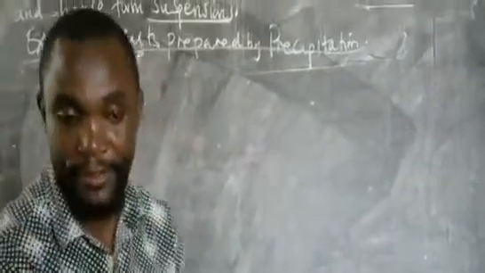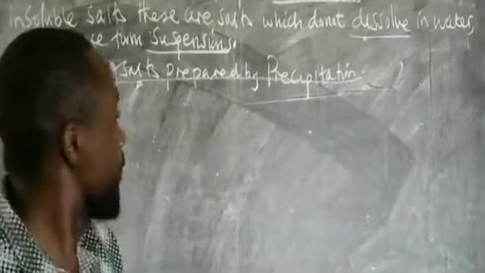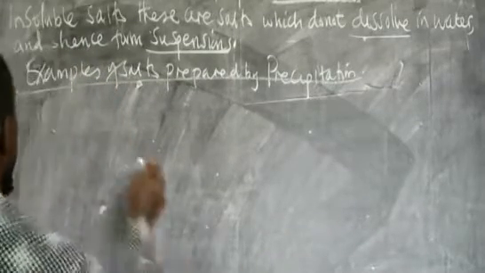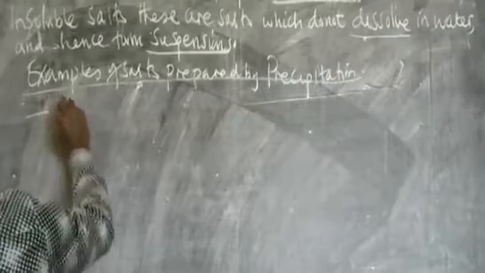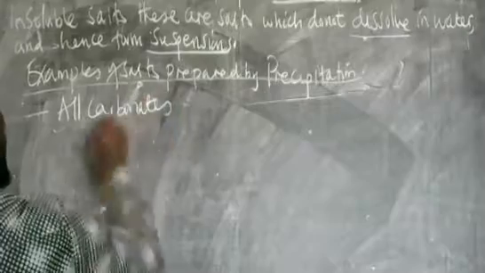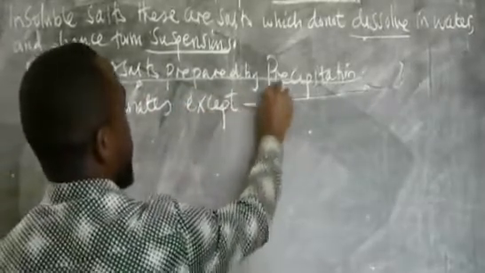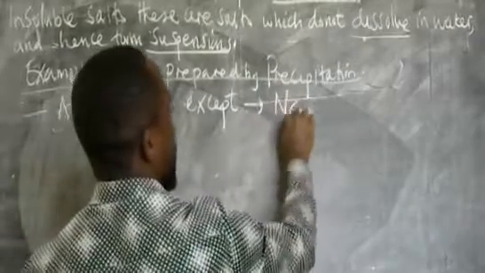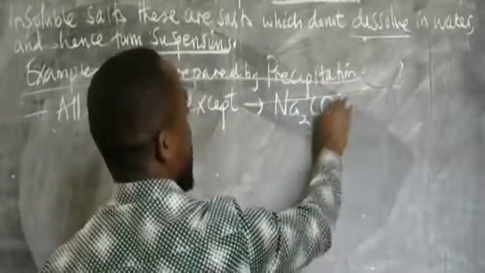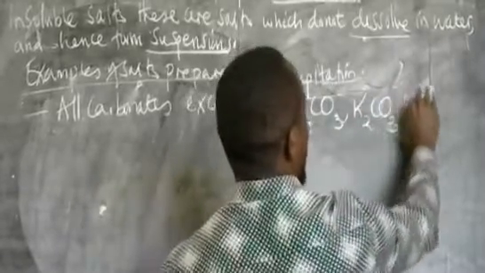So an example is this chalk dust, which is probably calcium sulfate. Examples of salts prepared by this method: we have all carbonates, with the exception of sodium carbonate, potassium carbonate, and ammonium carbonate.